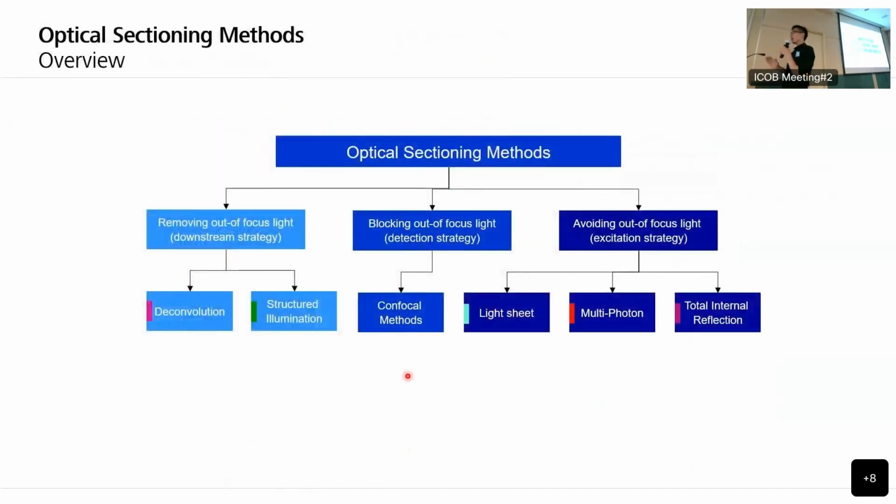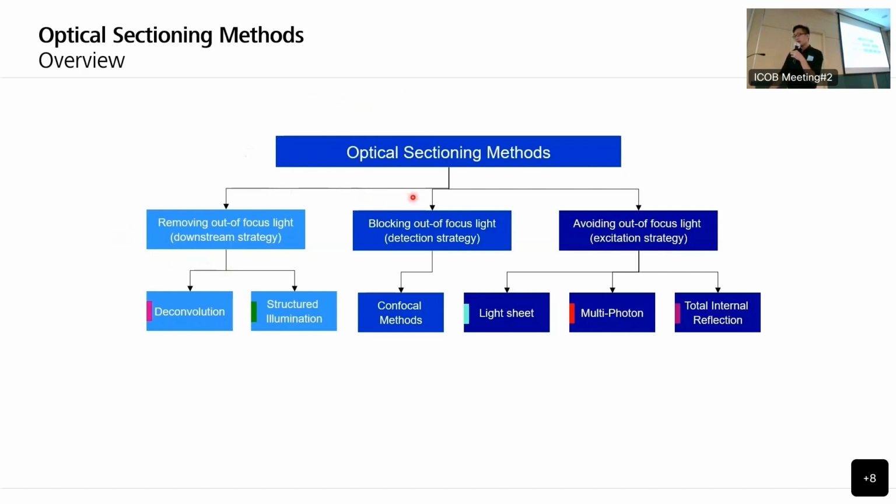To deal with this kind of problem, we want to apply the optical sectioning method. Based on the theory, we can divide the methods into 3 major classes or groups. The first one, we can resolve the image by using image processing, and the most famous one is called structured illumination.